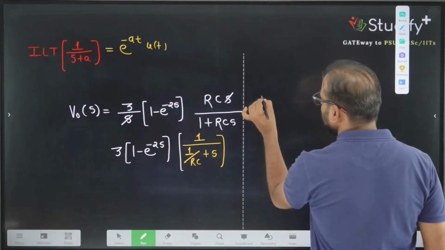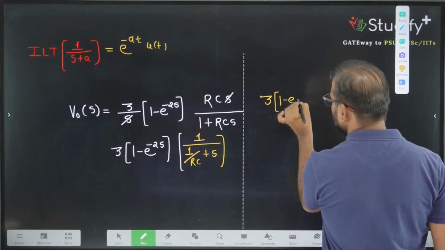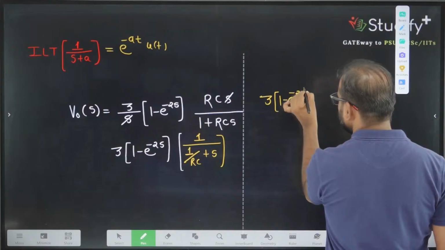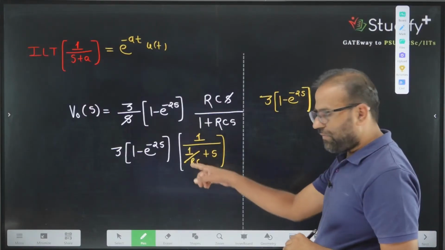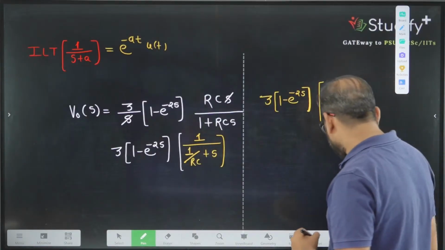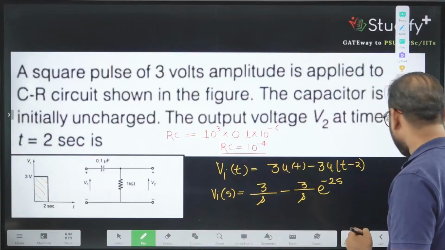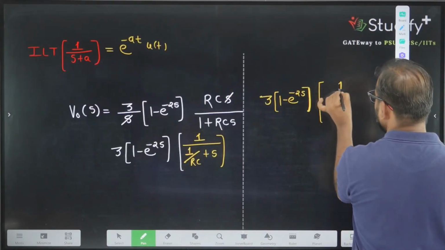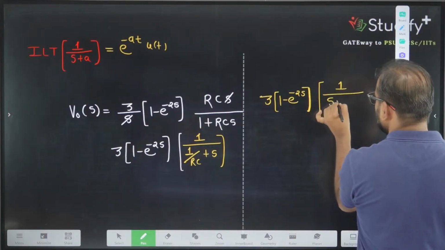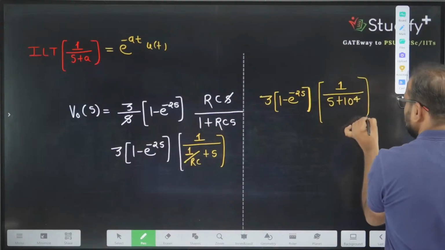This is 3 times 1 minus e to the power minus 2s into 1 divided by RC. As you know the value of RC is 10 raised to the power minus 4, so 1 divided by RC is 10 raised to the power 4. So this is 1 divided by s plus 10 raised to the power 4. This is our original expression.